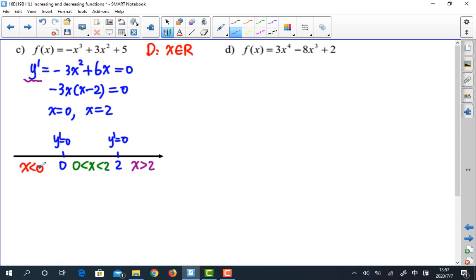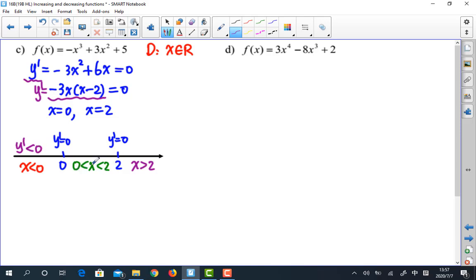So let's pick up x equals -1. Then sub into this factored form. It's easier for you to determine the sign with the factored form for y prime. So x equals -1, -3 times -1, positive. -1 minus 2, negative. Positive times negative, this y prime is negative.